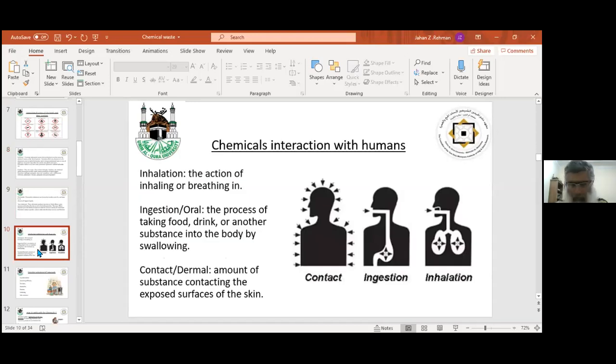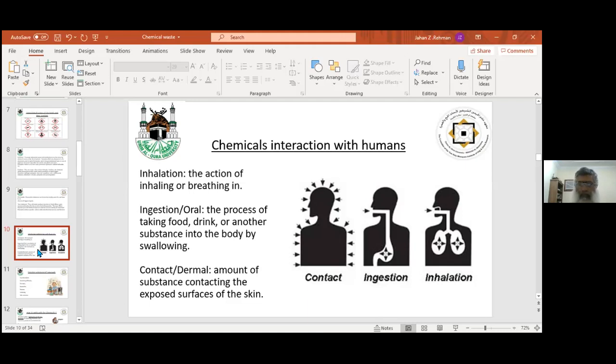Okay, so how can chemicals interact with humans? There are generally 3 ways of human interaction: ingestion, inhalation, and dermal exposure. Dermal exposure means contact with the skin, basically. These are not only for chemicals, but these are the 3 ways humans take things inside their body.